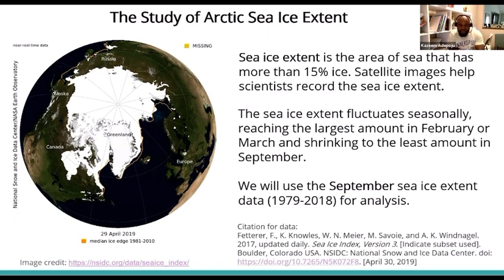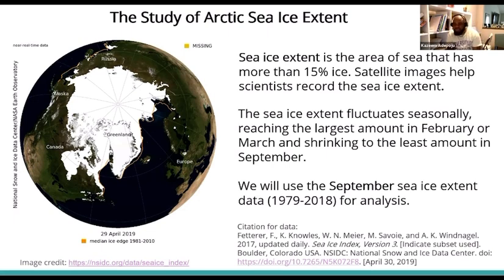They observe that it reaches the largest amount in February or March and shrinks to the least amount in September. Of course, we all know the reason why the sea ice reaches the largest amount in February and March, because that falls in the winter time.